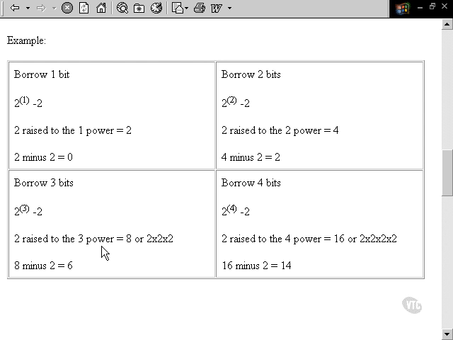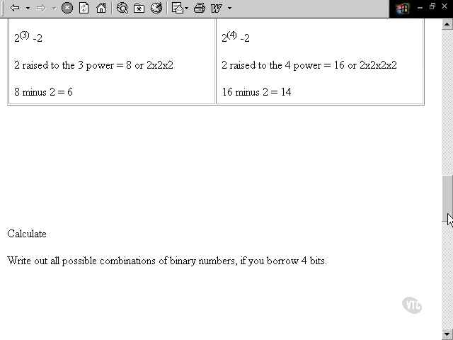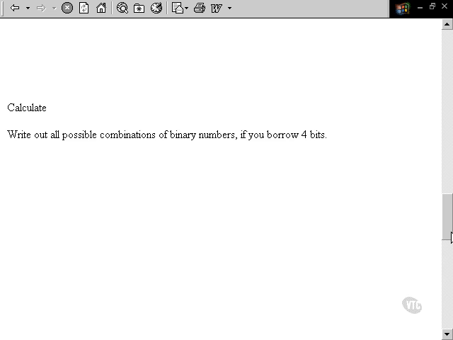If we borrow 3 bits, we have 2 raised to the 3rd power minus 2. 2 raised to the 3 power is 8, or 2 times 2 times 2, and 8 minus 2 is 6. If we borrow 4 bits, it's 2 raised to the 4 minus 2. 2 raised to the 4 is 16, or 2 times 2 times 2 times 2, and 16 minus 2 equals 14.